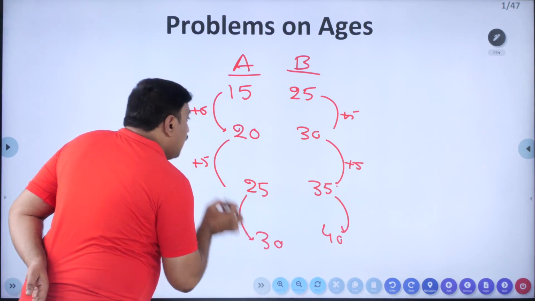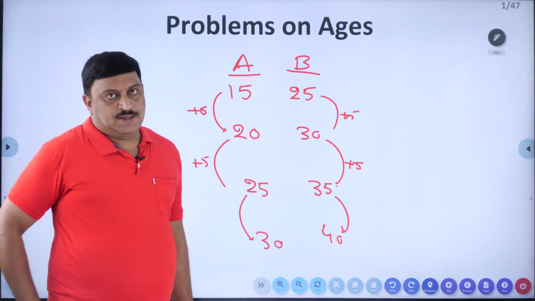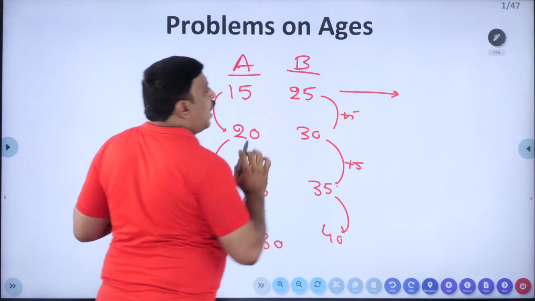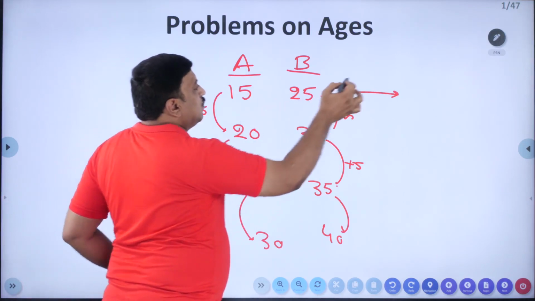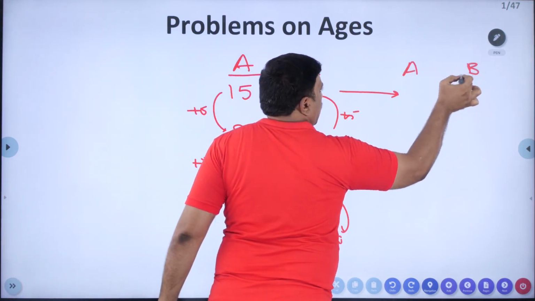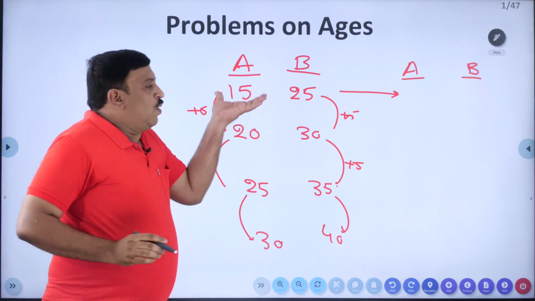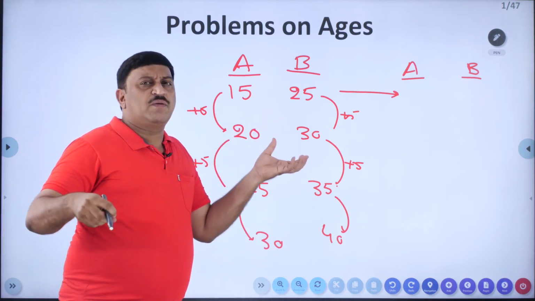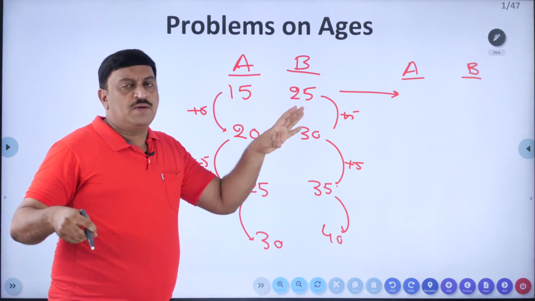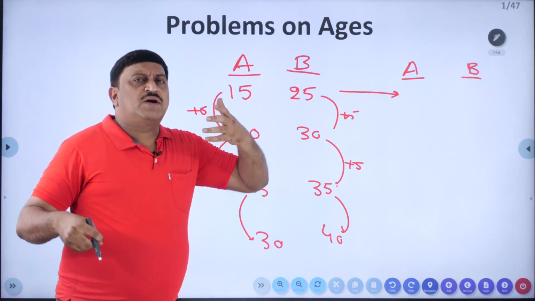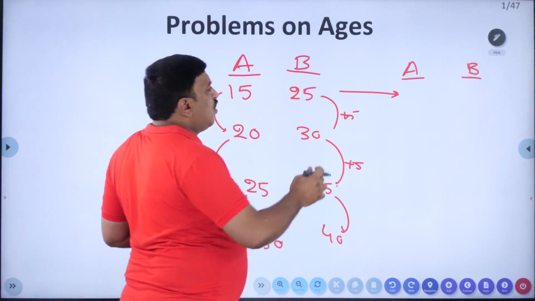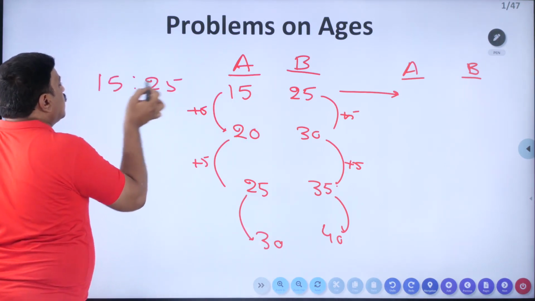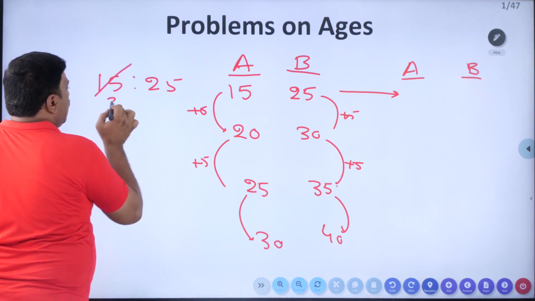Okay, I will take the ratio in each case. Now, I will take the ratio in the first case. I think everybody knows about the ratio. How to make the ratio between A and B? It is nothing but a representation of any quantity in its simplest form. 15 and 25, we have to say 15 is to 25, but how will you represent that? 5 threes, 5 fives.